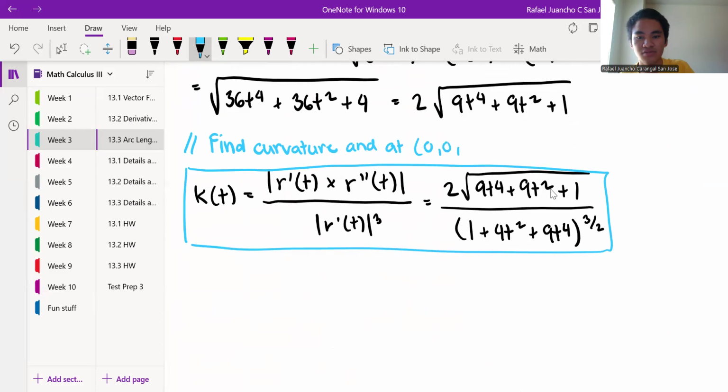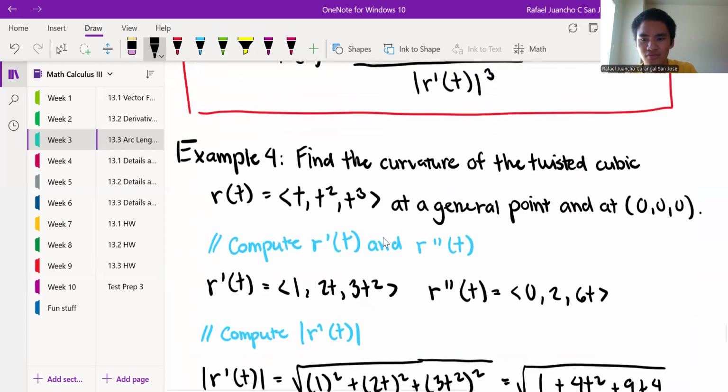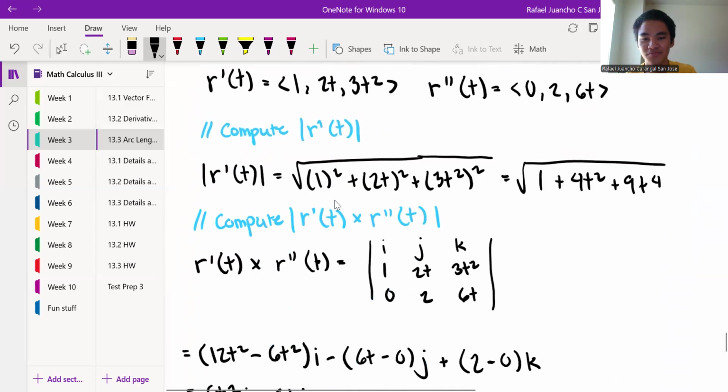And at 0, 0, 0. So here again, I just make my t equal to 0, right? Because when t is 0, I'm at the origin. How do I know? Well, I plugged in the 0 here, I plugged in the 0 here, I plugged in the 0 here. So I know that when I'm at this point, my t is 0.